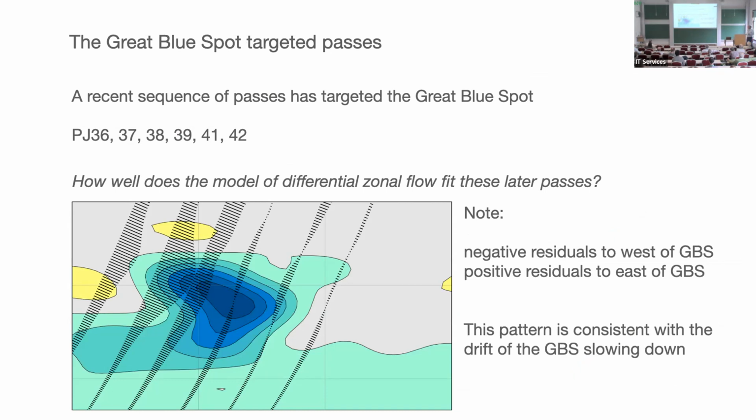And we see that systematic residuals have come back in this region. The negative residuals are to the west of the Great Blue Spot, and positive residuals are to the east of the Great Blue Spot. And this pattern is consistent with the drift of the Great Blue Spot actually having slowed down slightly.